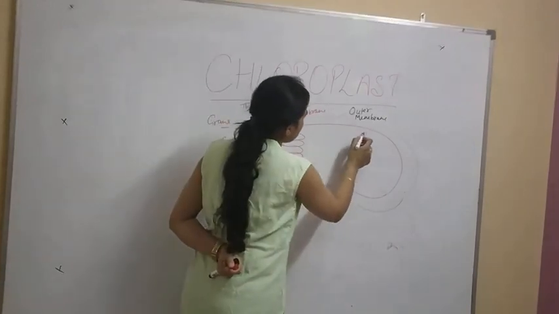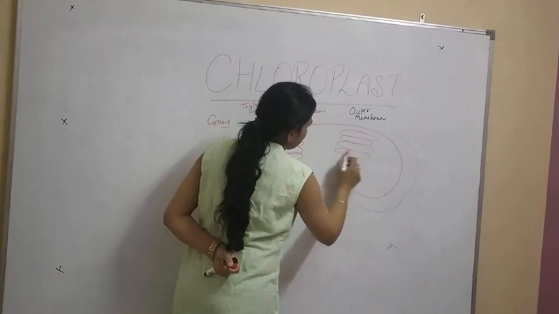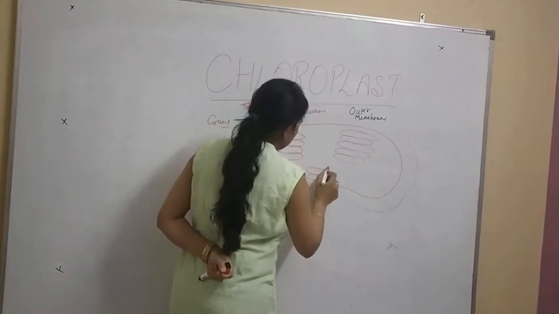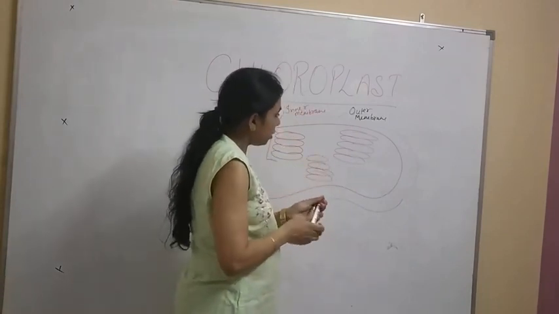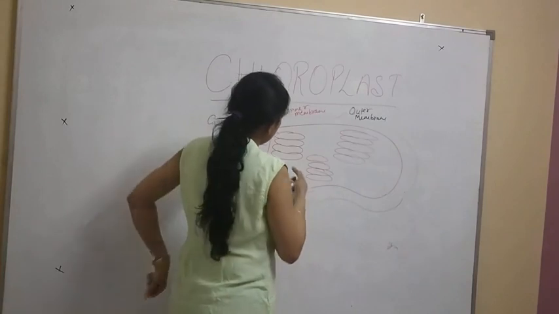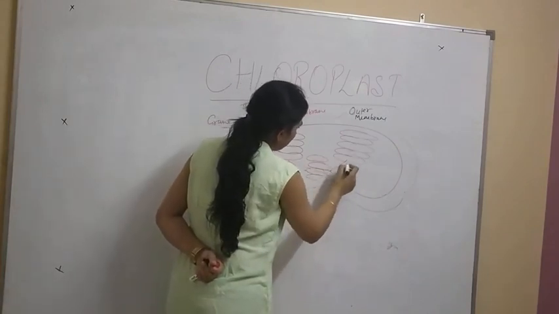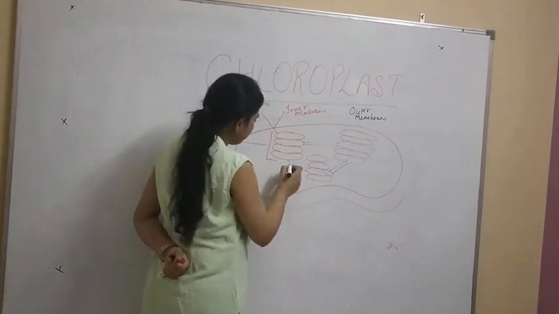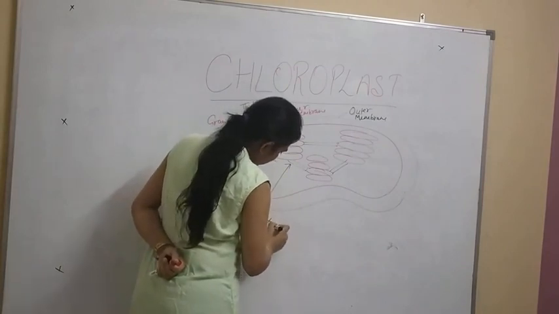So such kind of structure is present, and these granas are linked together with the help of another lamella, and we use the term that they are connected by stromal lamellae.